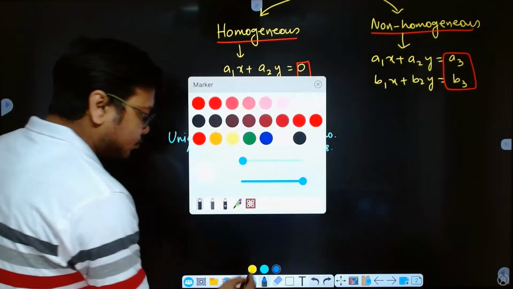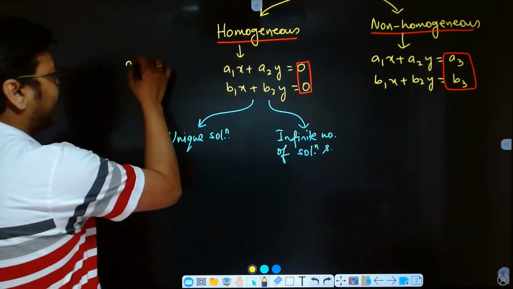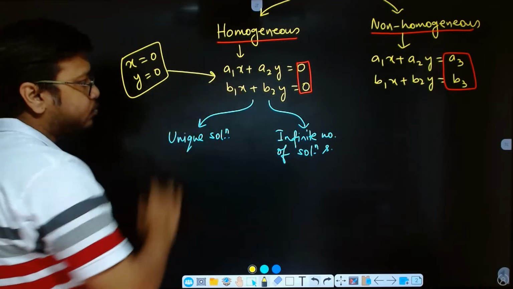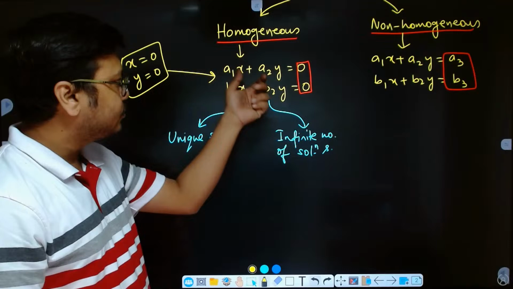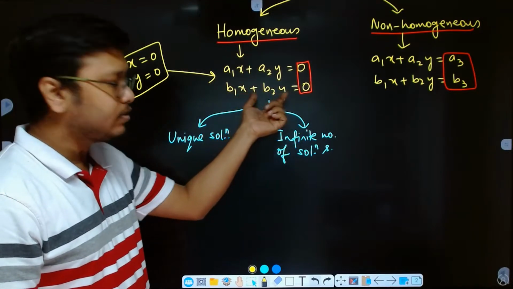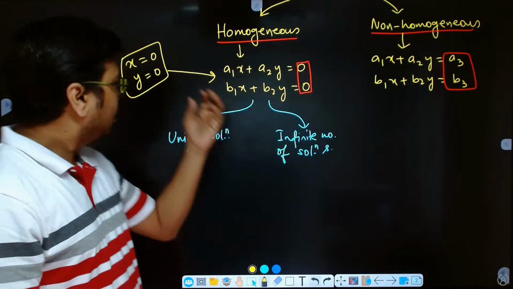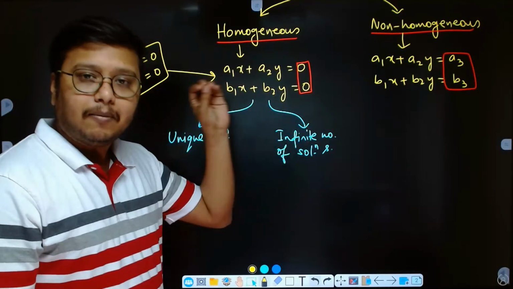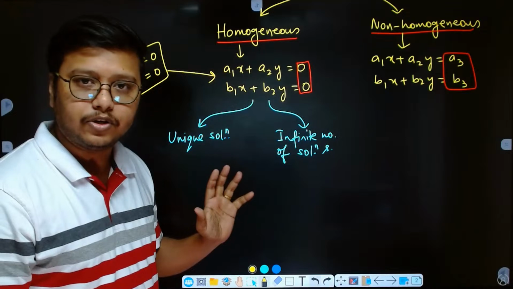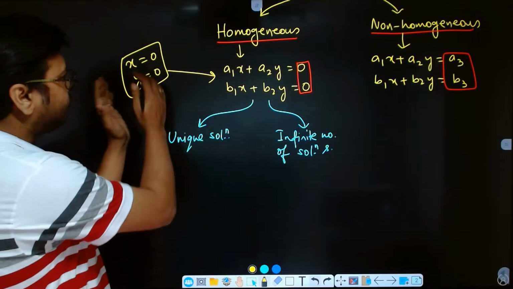Because if you check, let's say when the x value is 0, the y value is 0. If we put these two values in the equation, x equals 0, y equals 0, you can see the first equation is satisfied. If you put x equals 0, y equals 0, the second equation is satisfied. So 0, 0 is by default a solution of a homogeneous system of equations. So that means one solution always exists.